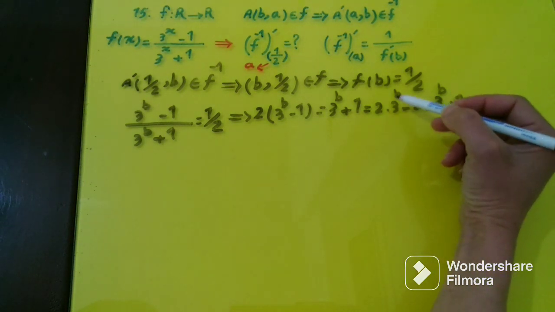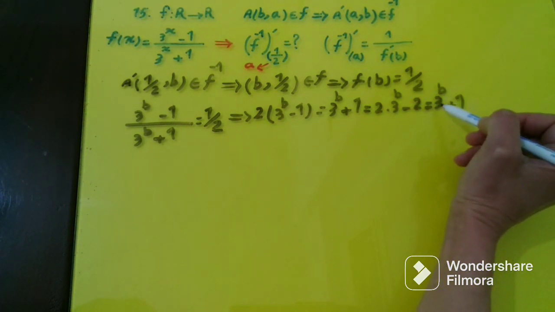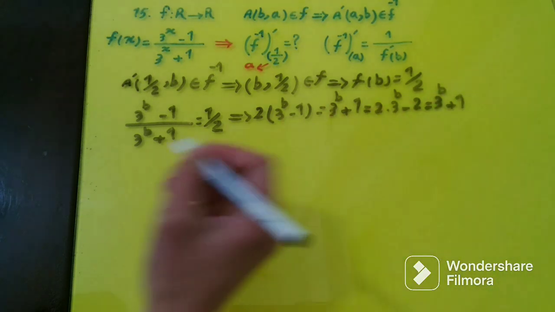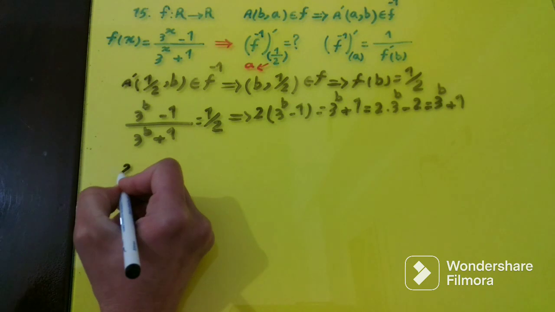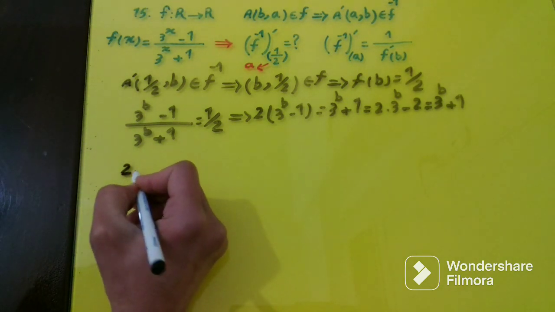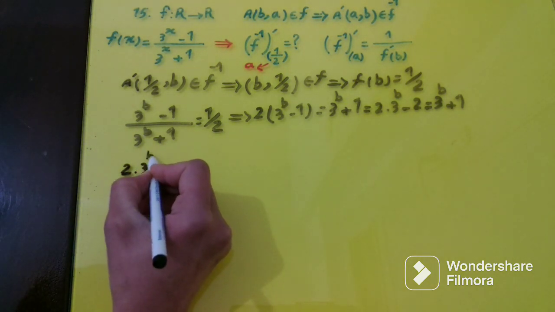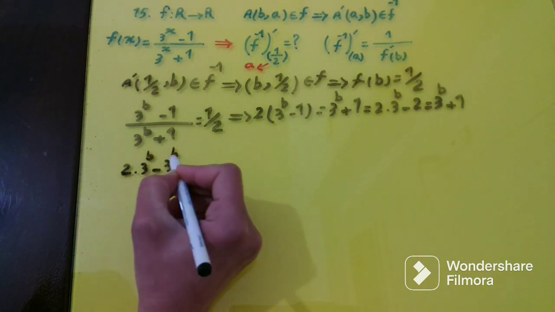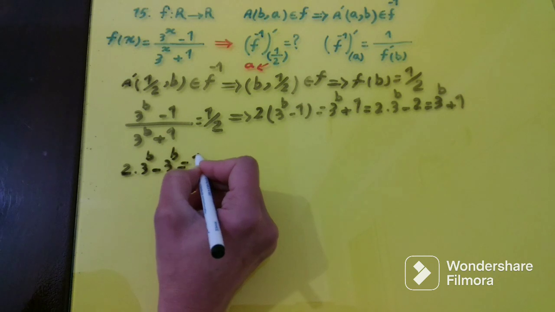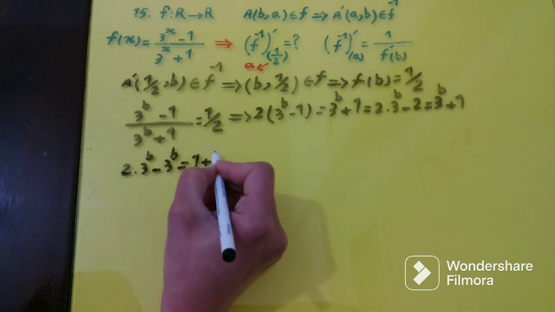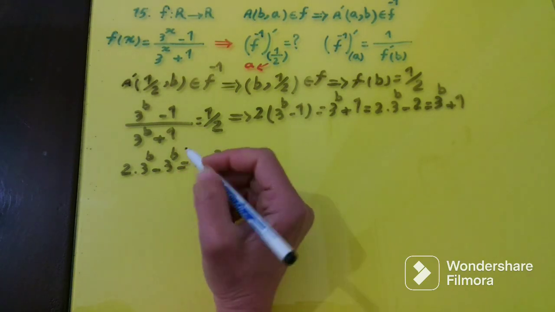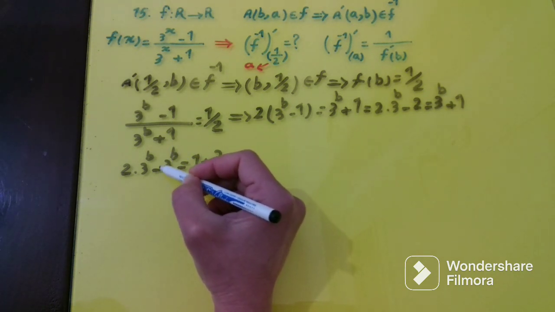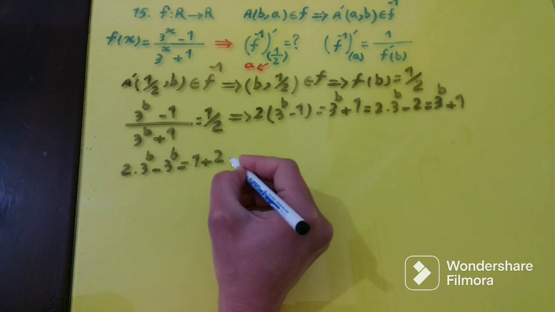As we want to find b, we should move 3 to the b to this side and 2 to the other side. 1 plus 2. As we want to find b, we should take it out by factoring.